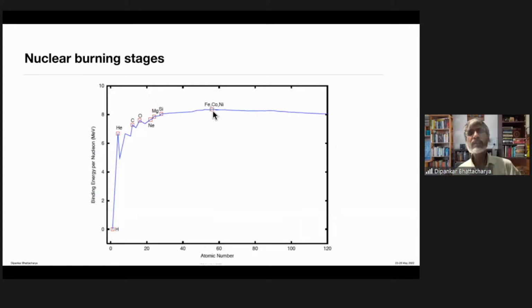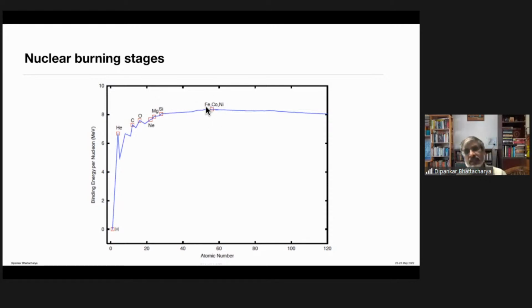And beyond that, the binding energy per nucleon becomes lower. So therefore, there is no spontaneous fusion, or at least energy generating fusion that can occur beyond this. So the nuclear fusion in the core can only generate elements up to the iron peak.